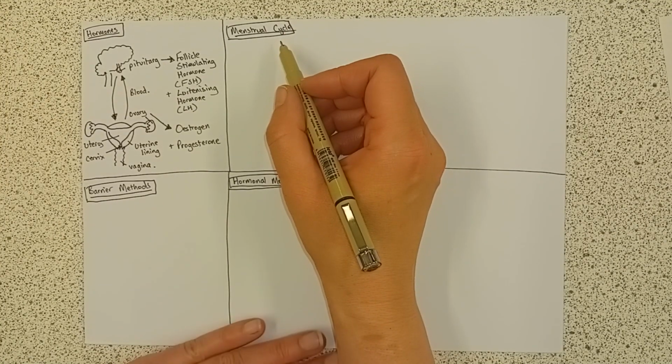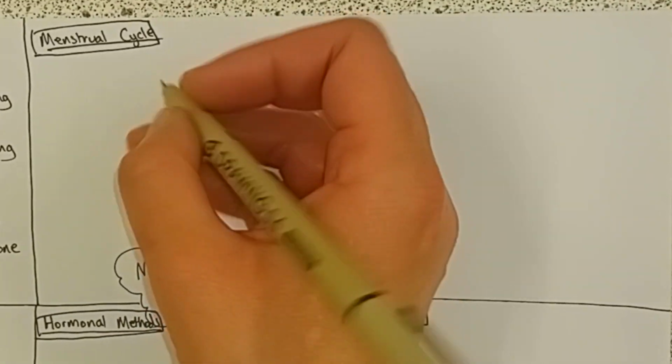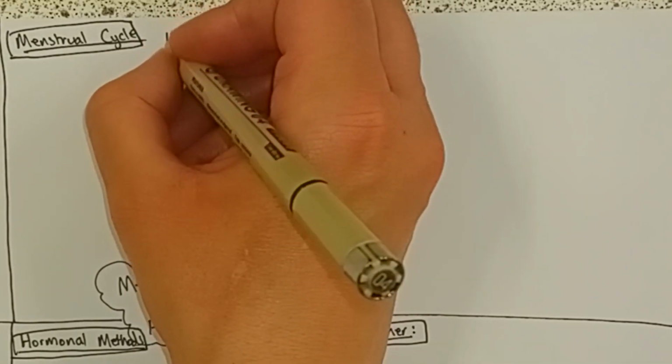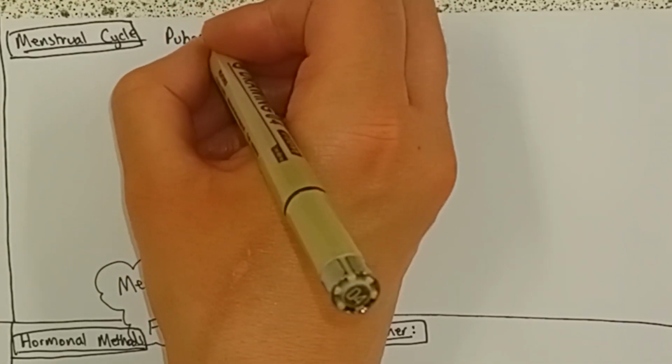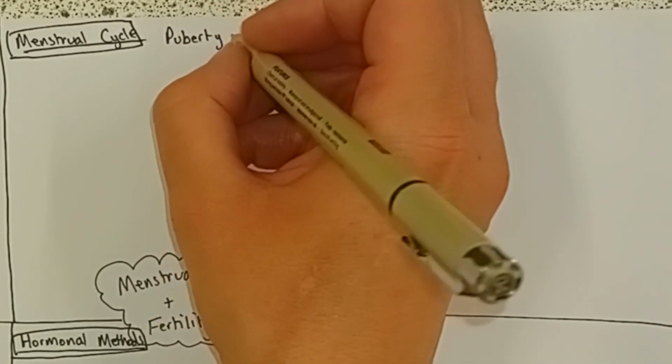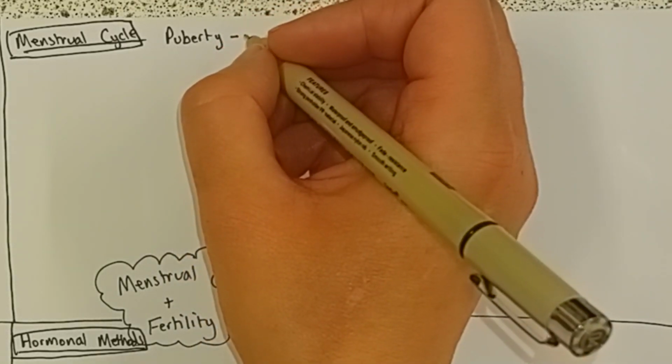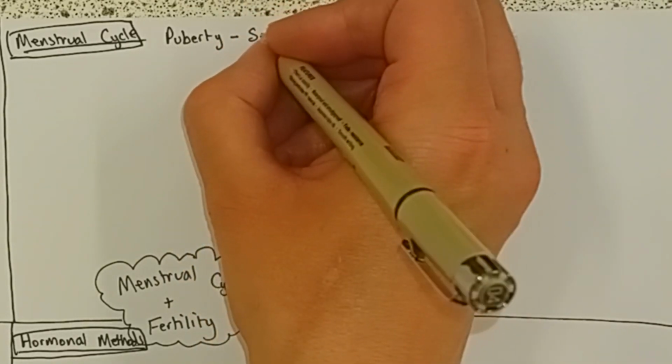On to the menstrual cycle then. The menstrual cycle happens towards the end of puberty. Puberty, remember, is when sex hormones cause secondary sexual characteristics.